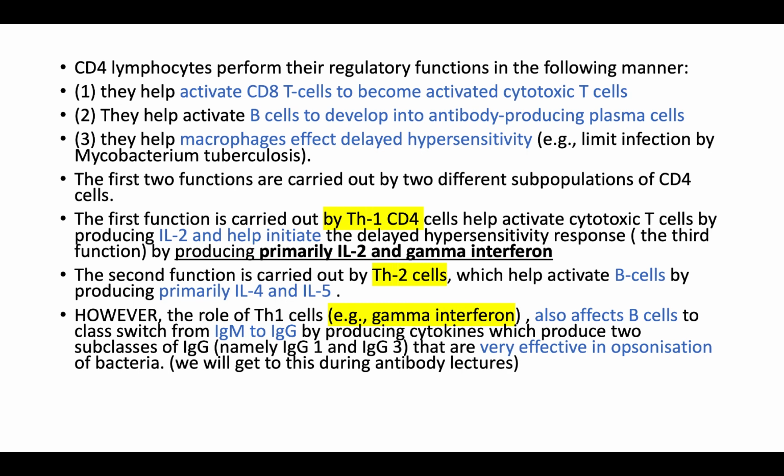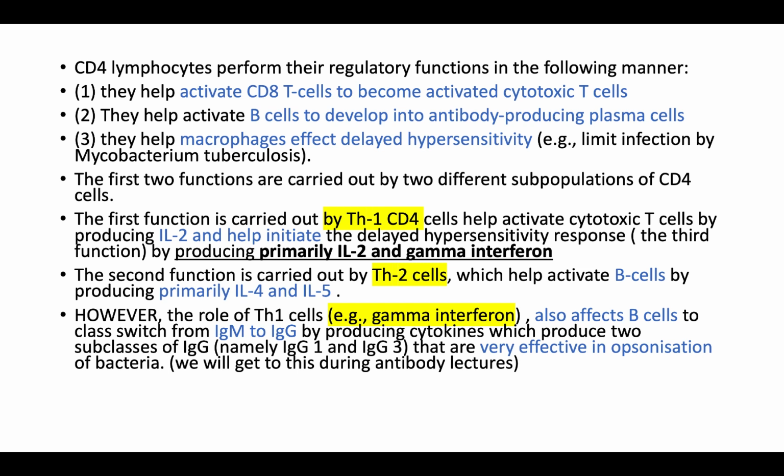So the first and third function by the cellular function رح يكون by the th1 cells, and by producing primarily شو رح يكون السيجنال رح تكون obviously interleukin-2 for the first function and gamma interferon for the third function.